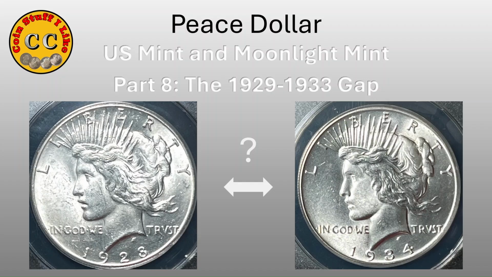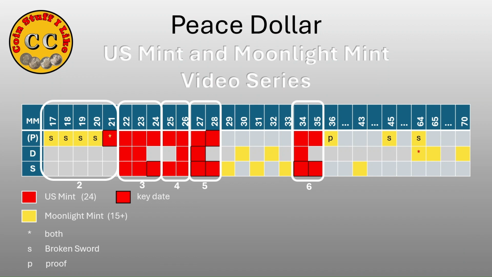So this leaves a nice gap, and we're going to talk about the fantasy of filling that gap and how Dan Carr and Moonlight Mint accomplished that. Before that, though, this is part of a series, and I've done prior videos. I'll put the playlist for this Peace Dollar series in the description of this video.